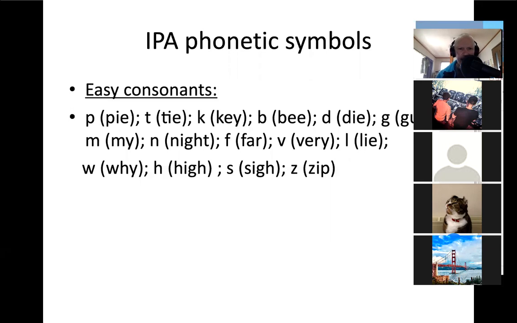P, pie, tie, key, B, die, and so on, right? G, M, N, F, right? Far. There's a slight variation in some of these, like the F in far has a different way of writing it. There's two possibilities, but we'll try and keep it simple as much as we can.